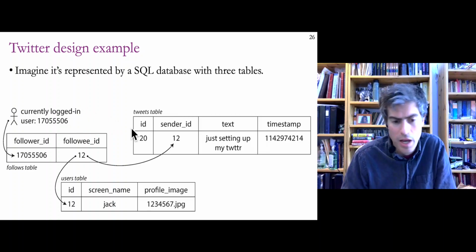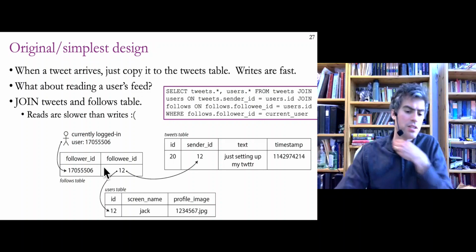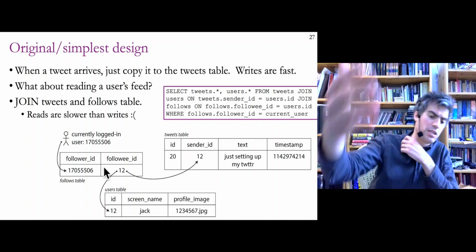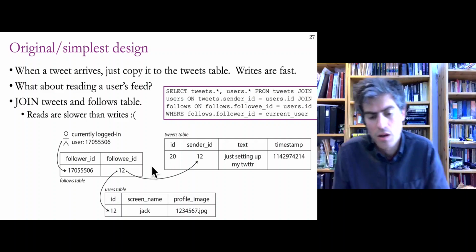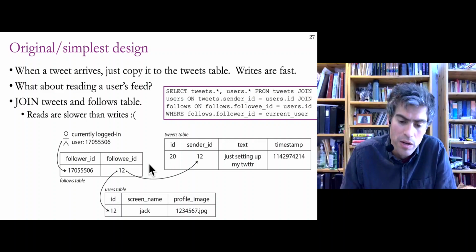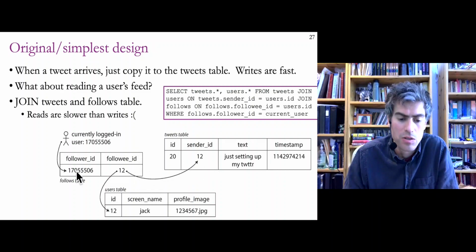In order to do that in this simple design, the user has to execute a query, or the user makes an API call, and that API has to build the feed, has to do a join of all of the tweets that match users that this logged-in user is following.